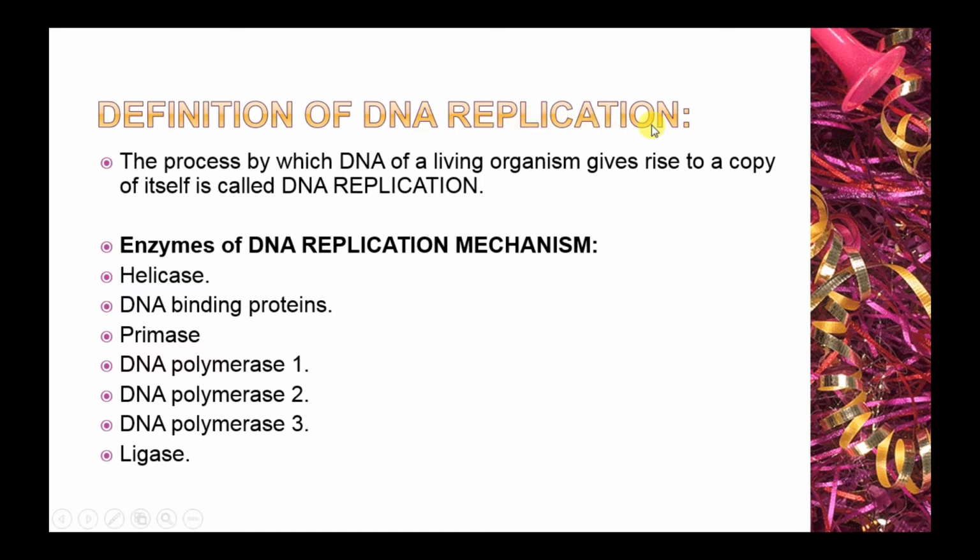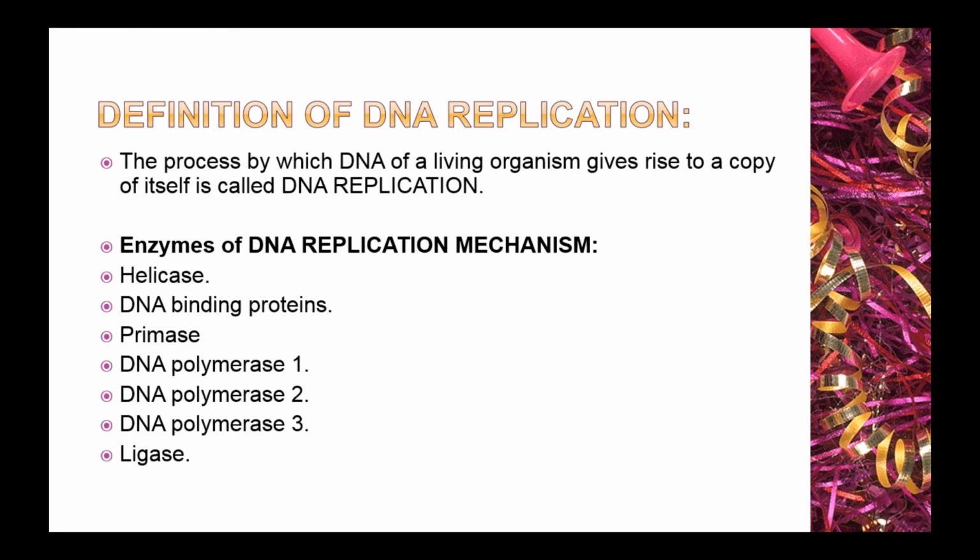Now what is replication? The replication means formation of exact copies. The process by which DNA of living organisms gives rise to a copy of itself is called DNA replication. That is the definition of DNA replication, that DNA will give rise to its exact copies.